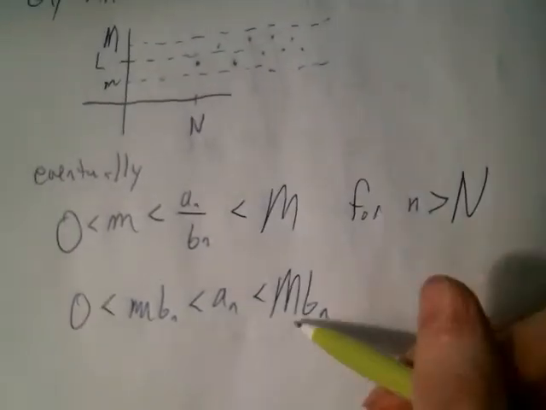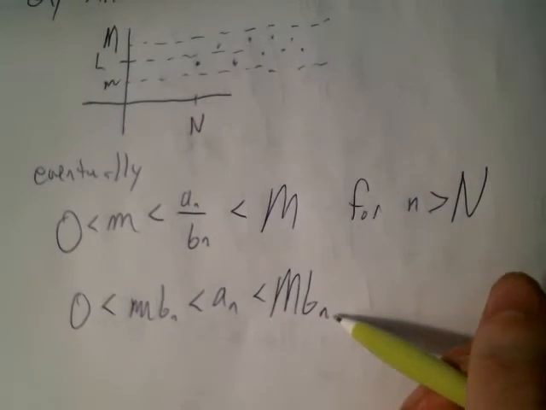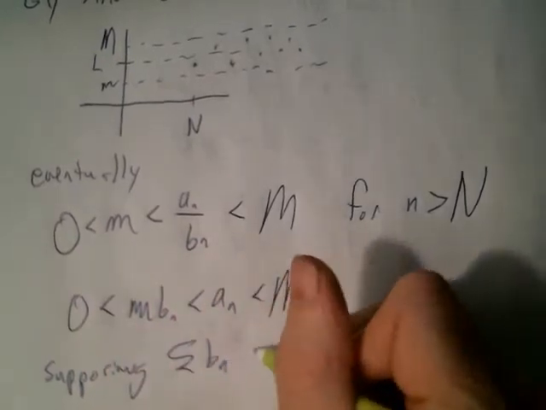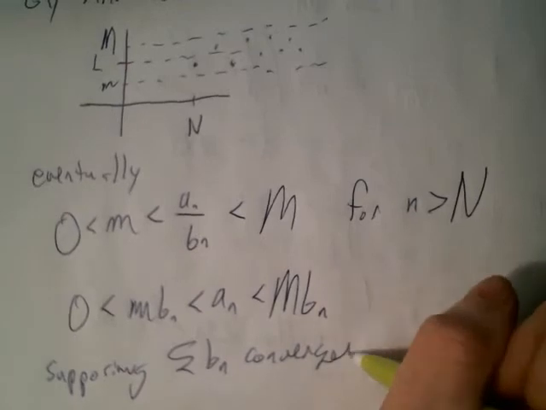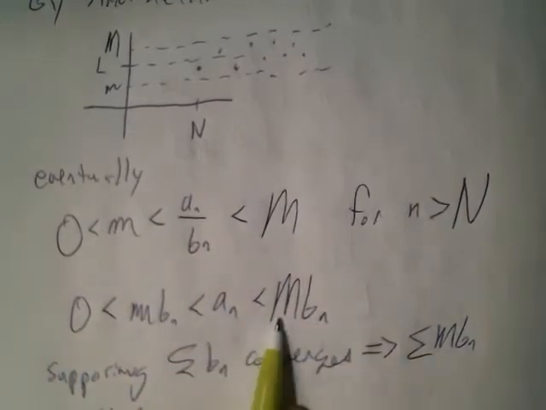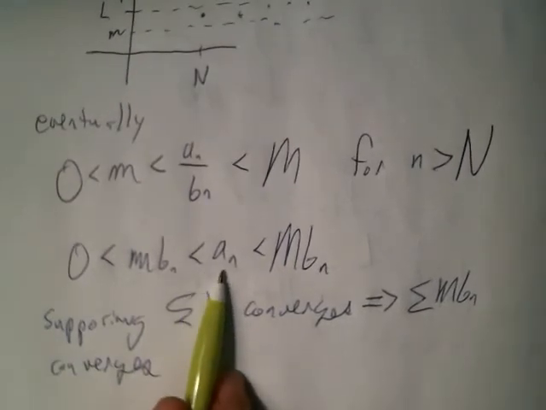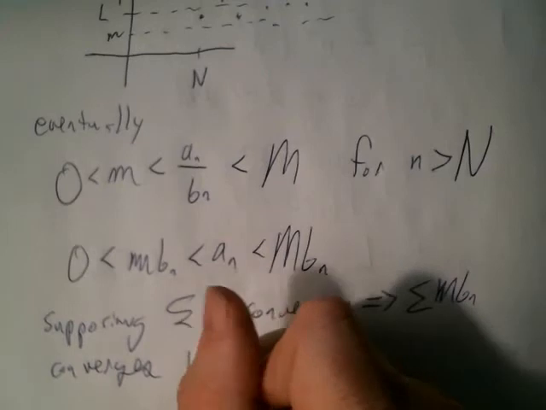Supposing the series b sub n converges, that tells us the series m times b sub n converges. And then by the direct comparison test, it forces the series of a sub n to converge.